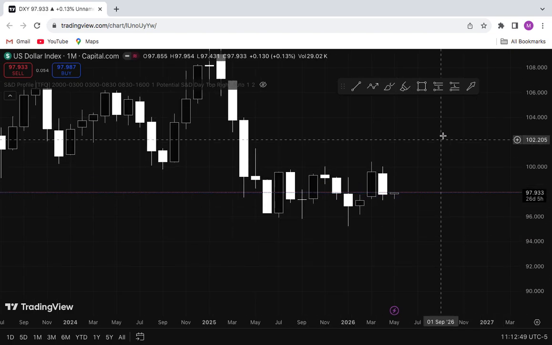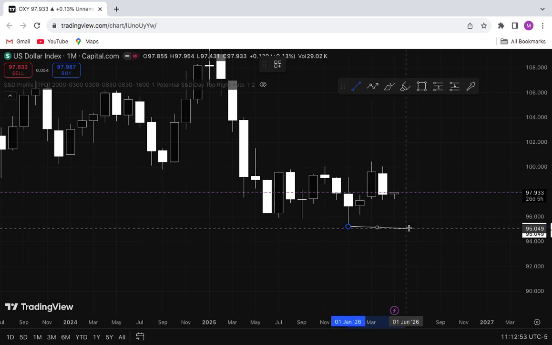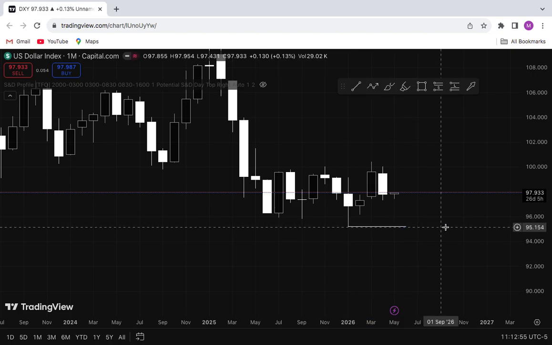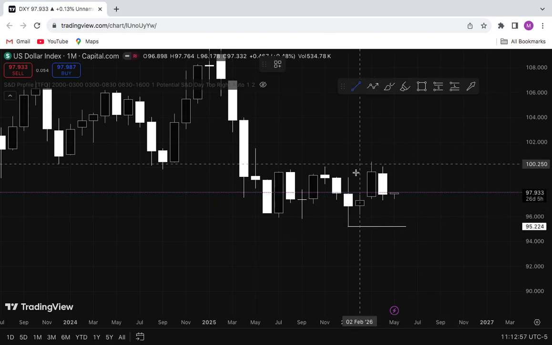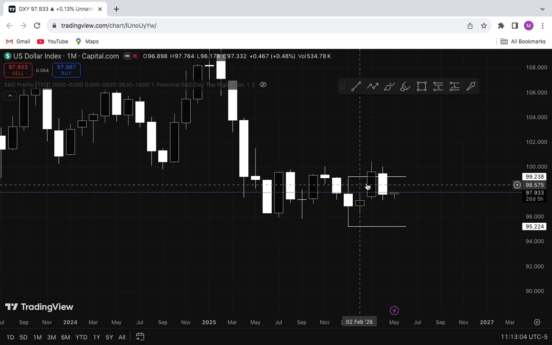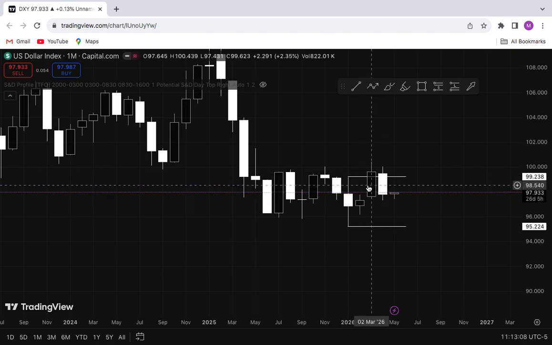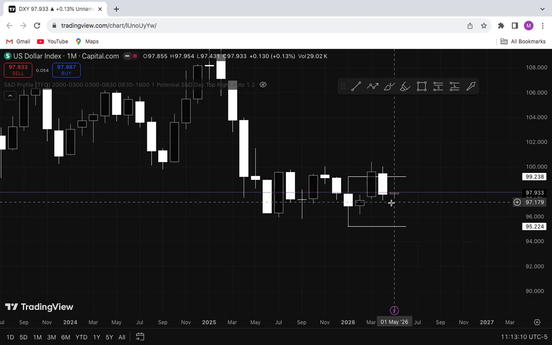In this consolidating phase, I want to be focused on this range, where I have this low here, which is the drawn liquidity, and this high. Price is playing within this range because you see price closed above, but the previous month came back and engulfed this candle. So price is still currently in a downtrend.